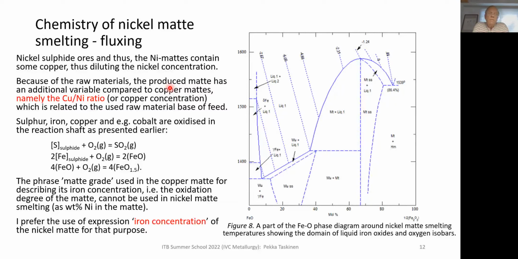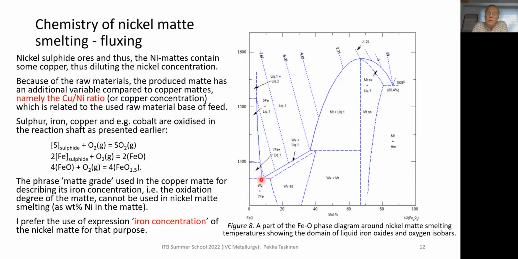Iron oxides, as mentioned yesterday, forming during the oxidation steps of the nickel and copper sulfides, are solid at the smelting temperatures. Here is part of the iron oxygen phase diagram, and this is the molten domain of liquid iron oxide. So it is close to iron saturation.